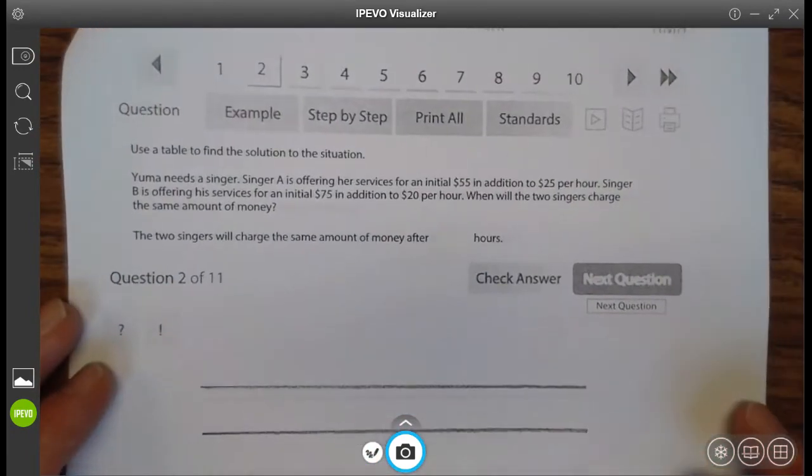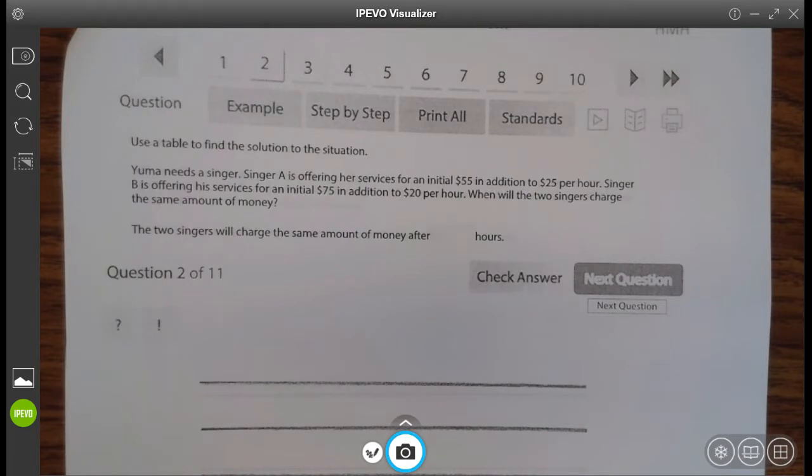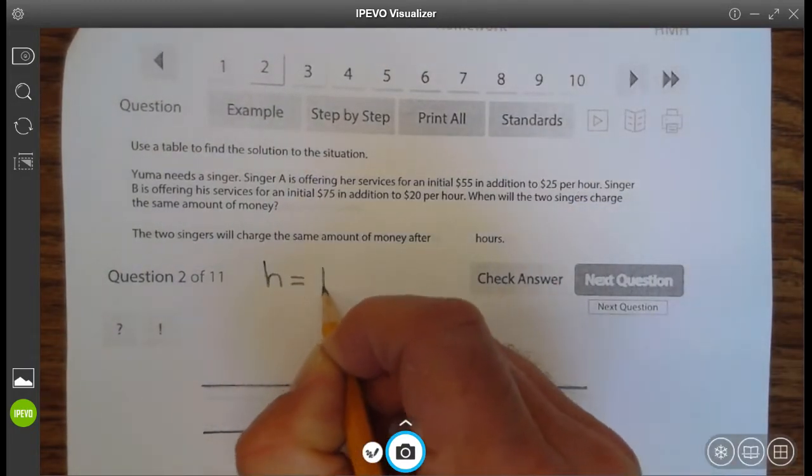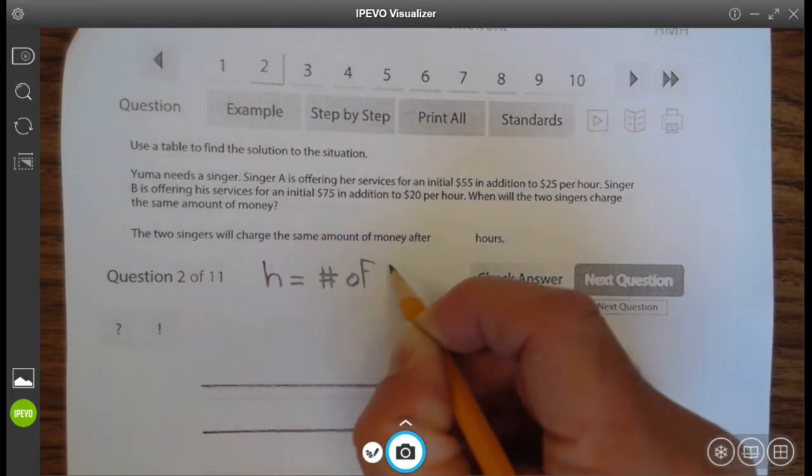Example 2. Okay, use the table to find the solution to the situation. Yuma needs a singer. Singer A is offering her services for an initial $55 in addition to $25 per hour. Right there, there's your variable. H is the number of hours.